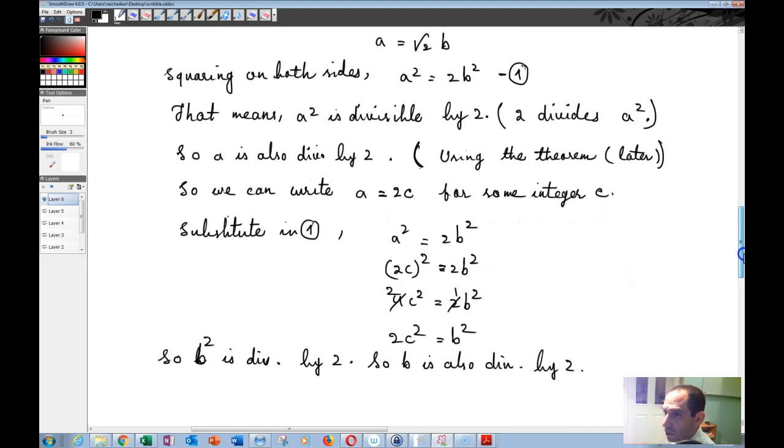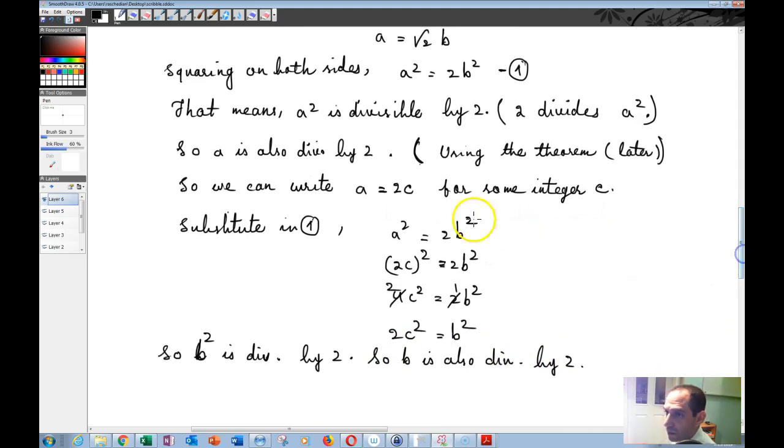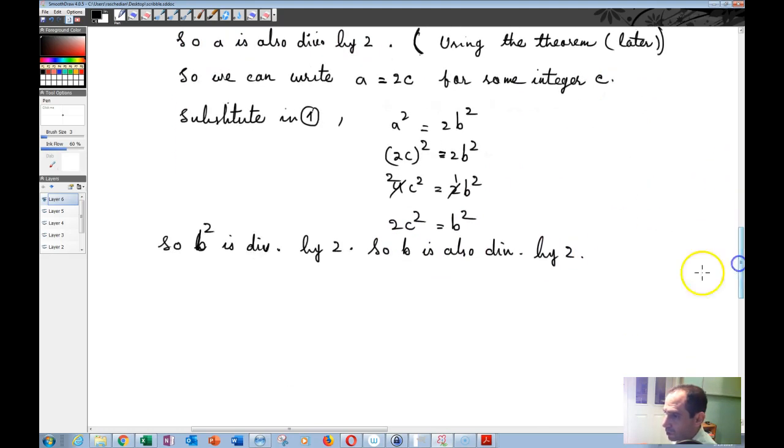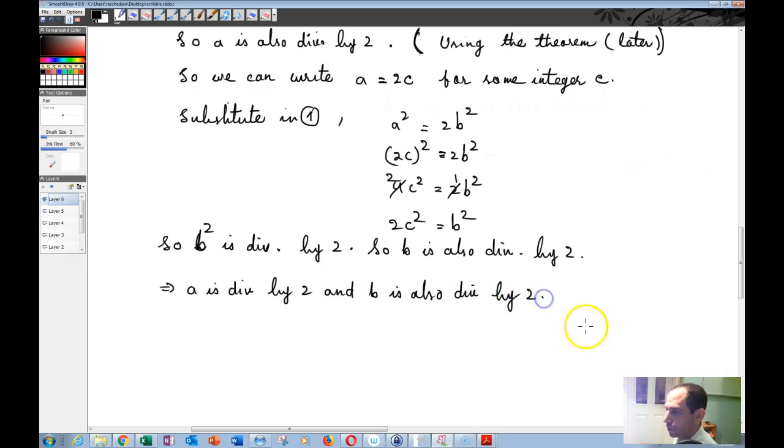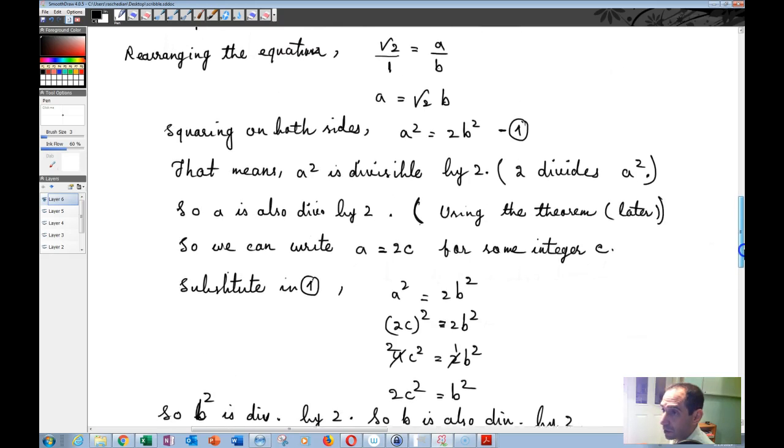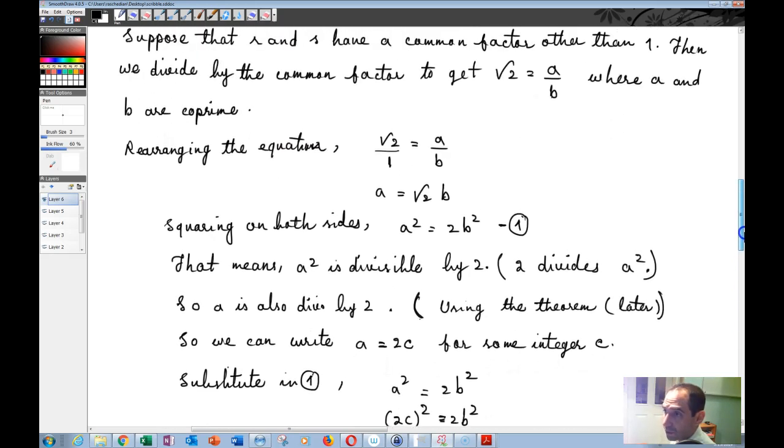So now here we said that a is divisible by 2, and b is also divisible by 2.